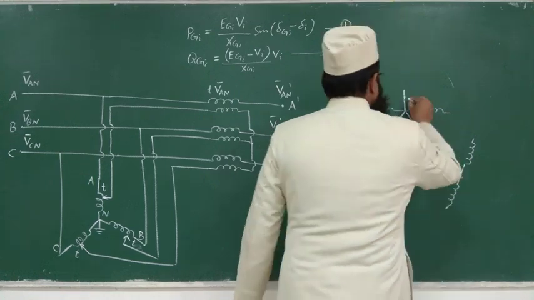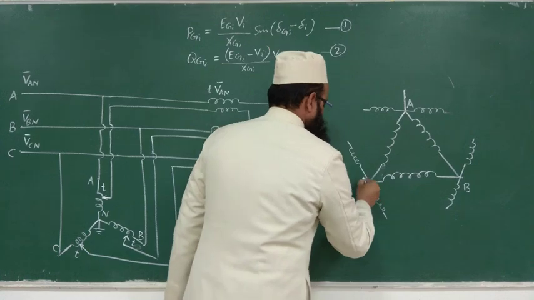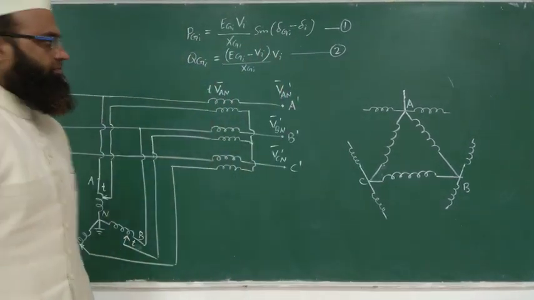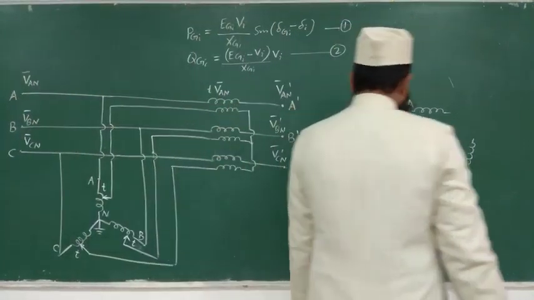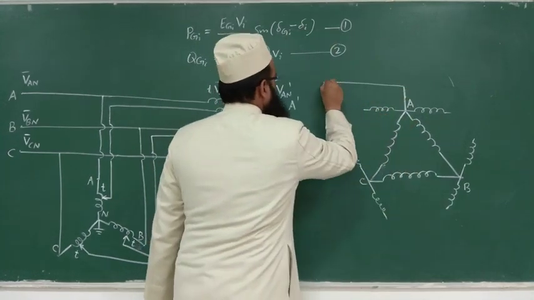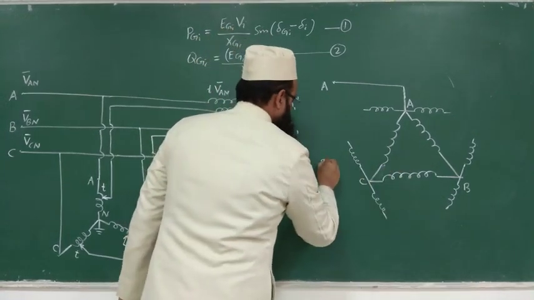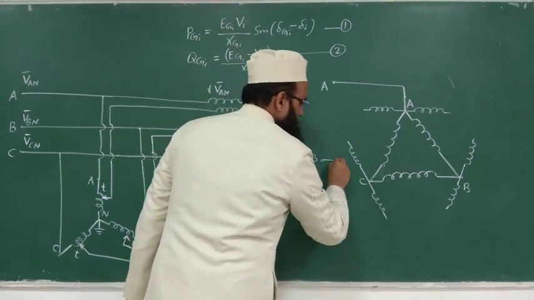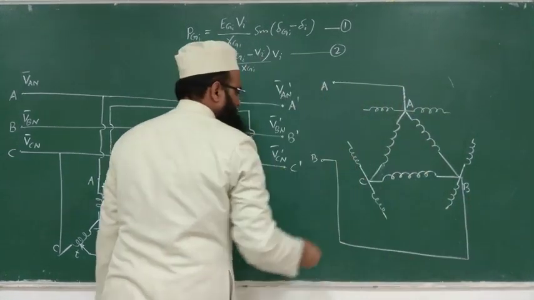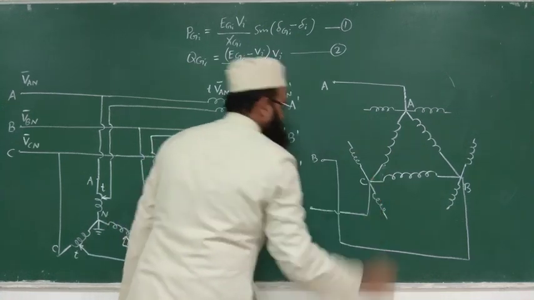So mark it as A, B, and C. So let us connect this with A phase. This is A, the same of the line, and draw here B somewhere. So this is B. So B will be connected with this. And if this is C, so mark here C, and this will be connected with this.